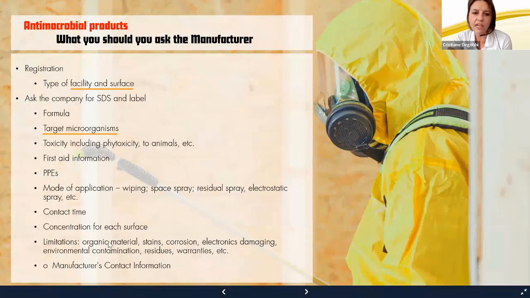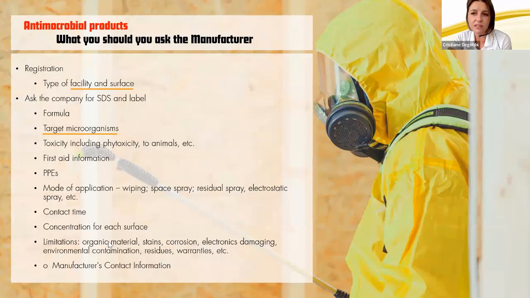If it's going to interact with organic material, which means that once you have too much dirt on that surface, the antimicrobial product will interact with that dirt and will lose efficacy. You need to understand if this is the case. If it's going to leave stains, if it is corrosive, if it's going to damage any electronics, any type of residues, warranties, and so on.